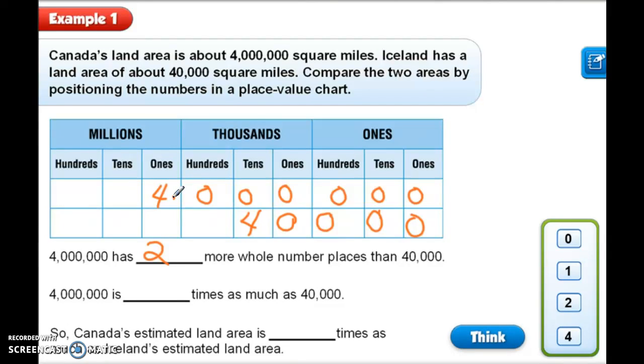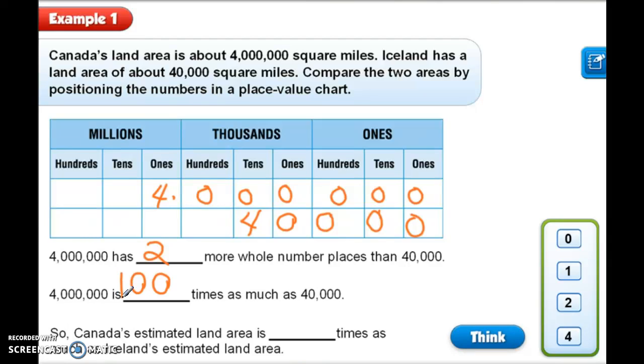What would I have to multiply this by to get to this? 100. If I multiplied 40,000 by 100, that would give me 2 more zeros, right? And that would bump it over to the 4 million.